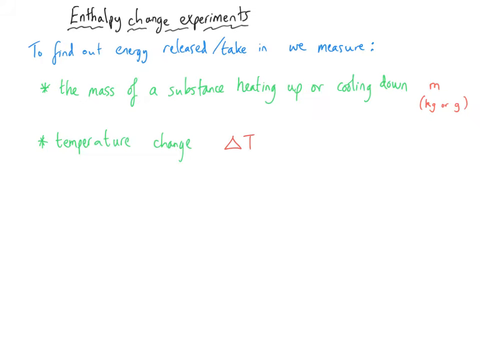Now, because of the way the Kelvin scale works, this can either be in Kelvin, which is a capital K, or it can be in degrees C. And the reason for this is if our temperature begins at 20 degrees C, and the temperature increases to 25 degrees C, delta T is of course 5 degrees C. 20 degrees Celsius could also be written as 293 Kelvin, because to turn degrees Celsius into Kelvin we add 273.